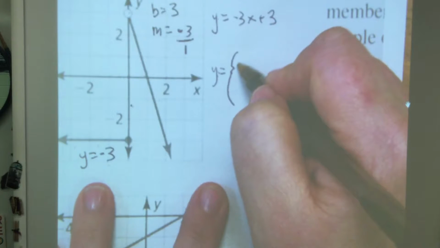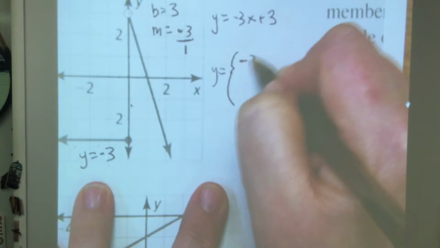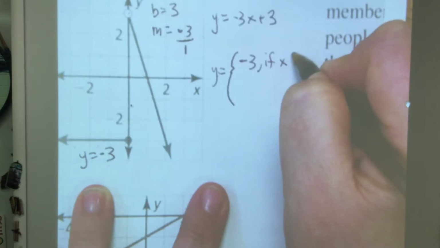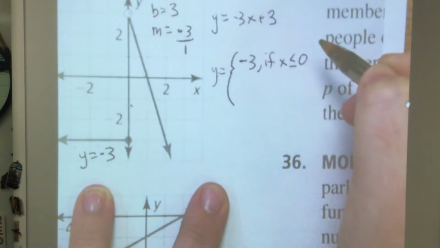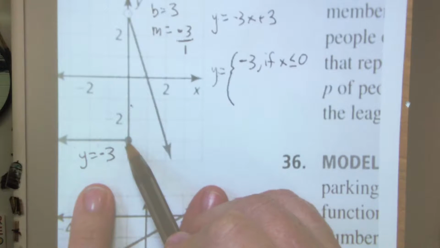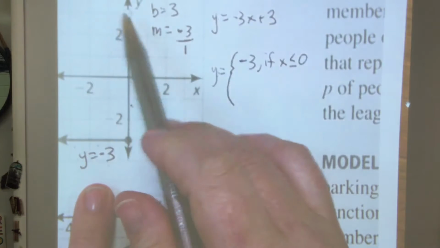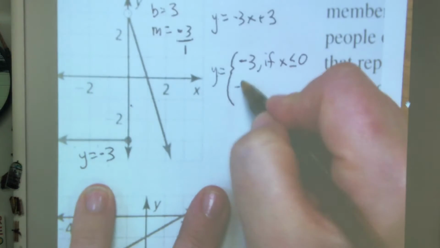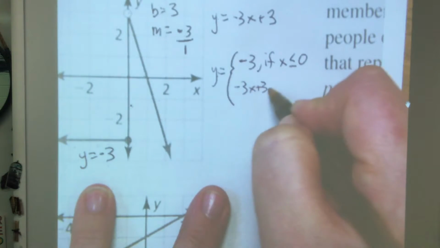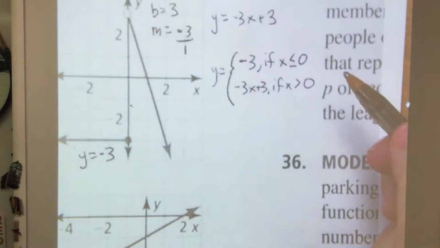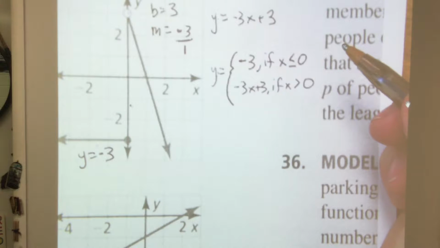Okay, so I'll put -3 if x is less than or equal to 0, because it's on where y equals 0, and it has a closed dot, and then it has an open dot at 2, and it's greater than 0, so I'd have -3x plus 3 if x is greater than 0. So that is the second one.